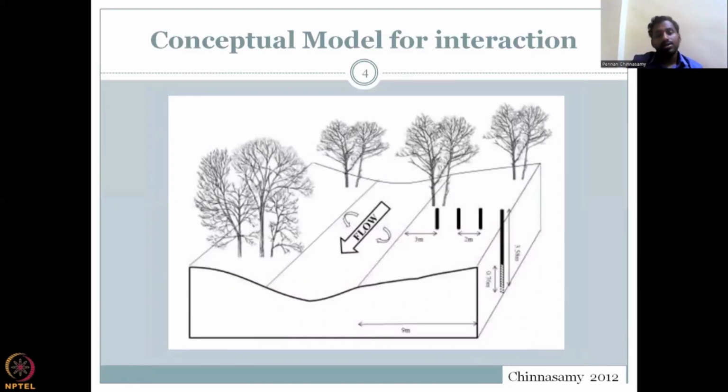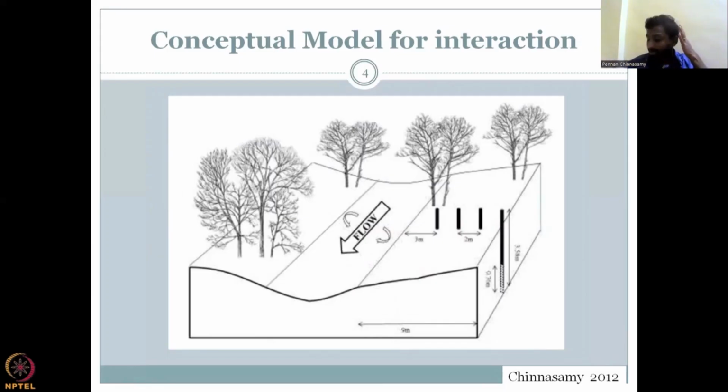Let us look at another groundwater conceptual model, where you could see that water is flowing from top to bottom. The stream is flowing, and while the stream is flowing, some water is being lost into the banks, the river banks, and then it comes back.